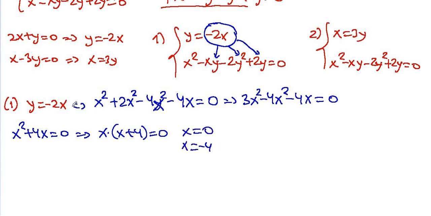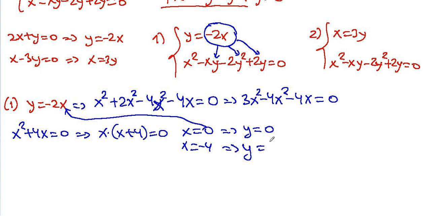If x is equal to 0, then substituting I'll get y is equal to 0. And if x is equal to minus 4, then y is equal to minus 2 times minus 4, which is 8.